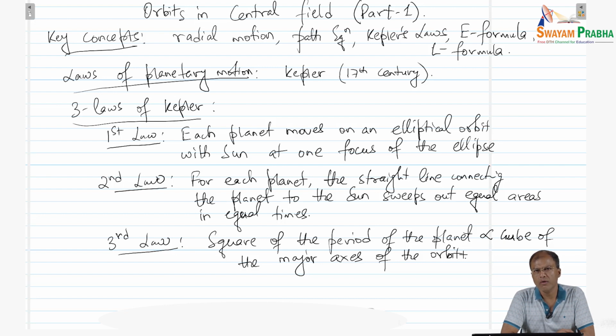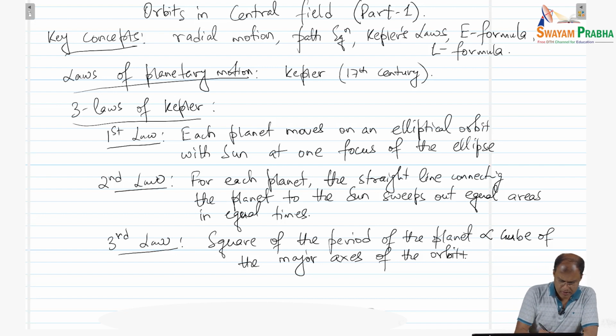Typically, it has been found that the mass of the sun is roughly 50 times more than the mass of all the planets, all the 9 planets combined in our solar system, right? So the mass of the sun is so big that essentially the gravitational force field is acting as if this is a one body problem. That is, only one body is moving. The sun is practically fixed in this entire interaction.